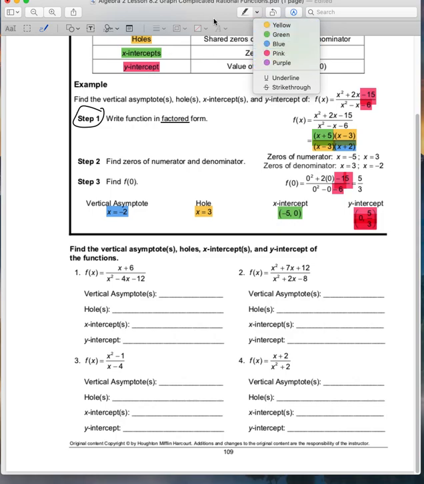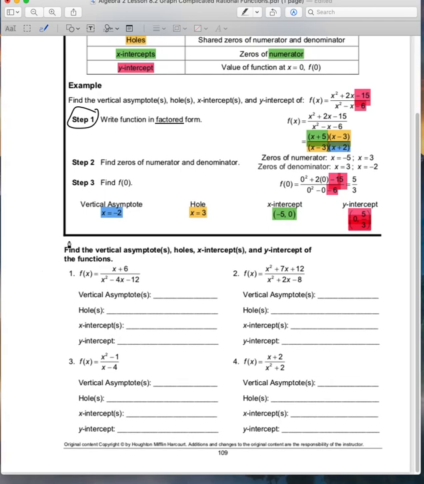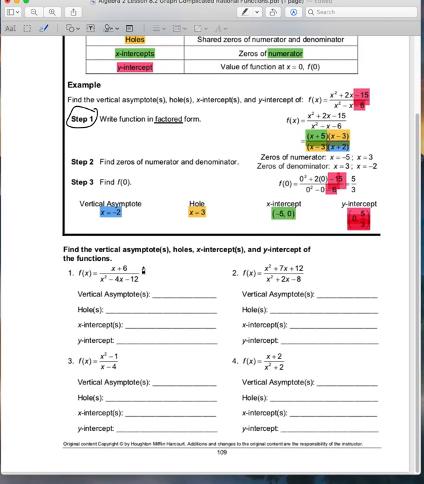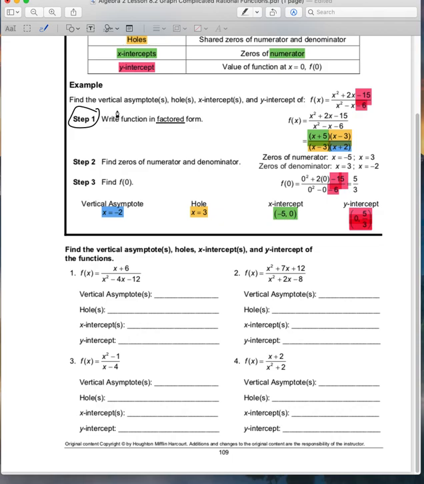Okay, first things first. We need to factor. Maybe I can use my typing. That might work better. Okay, that's not going to work. I got it messed up here. Delete.